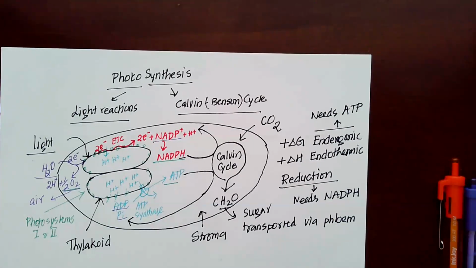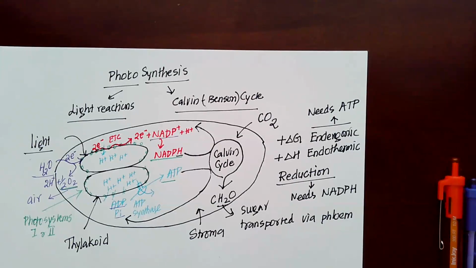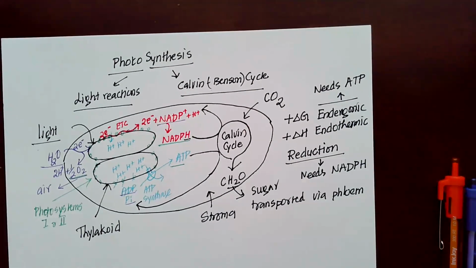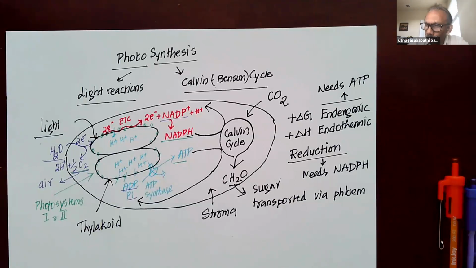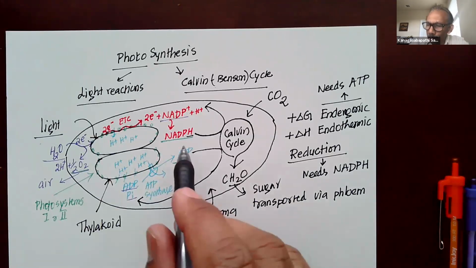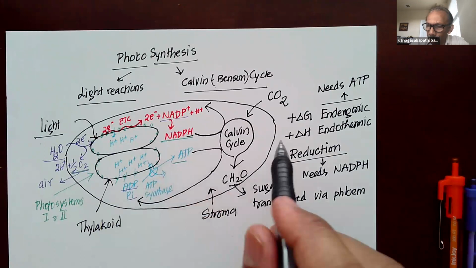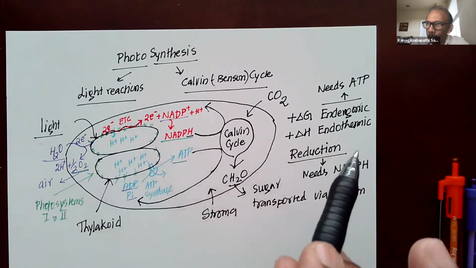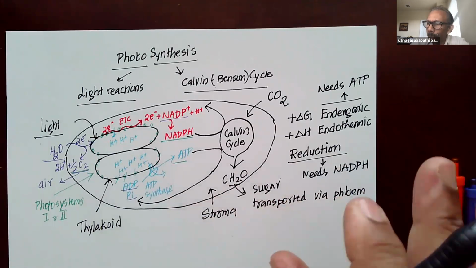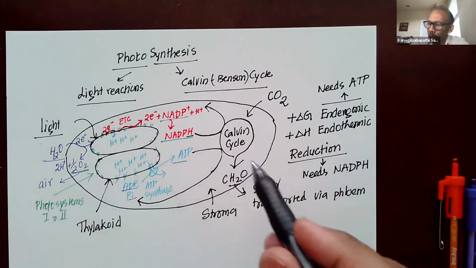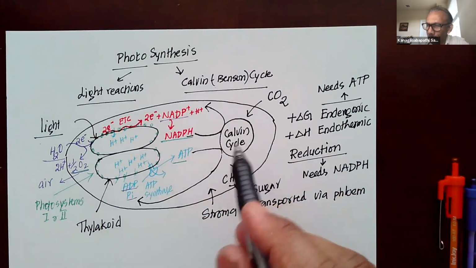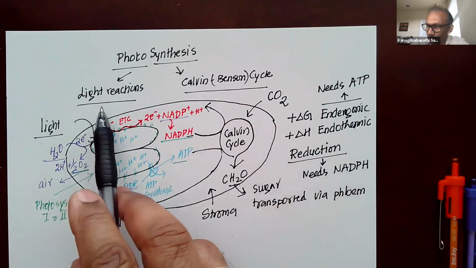I have a question about the Calvin cycle. Sure. So the Calvin cycle can't happen until the light reactions happen? Yep. Without this NADPH and ATP coming in, this is not going to go anywhere. They'll stop. So that is why in the olden days, they used to call this the dark reaction as opposed to light reaction.